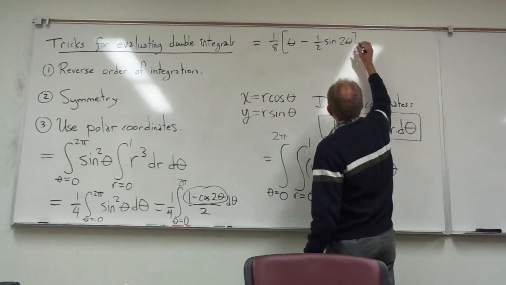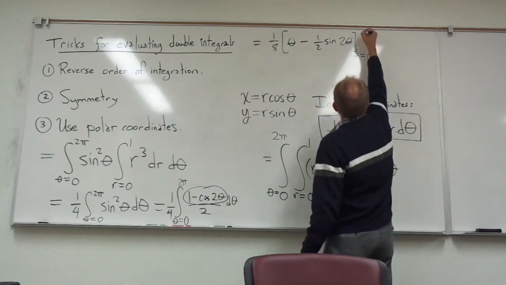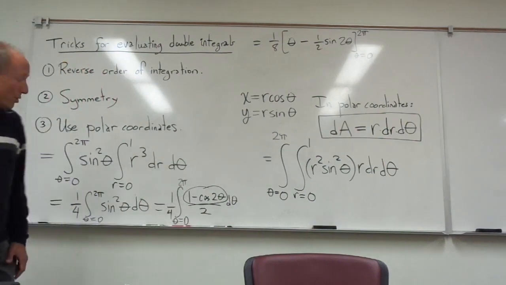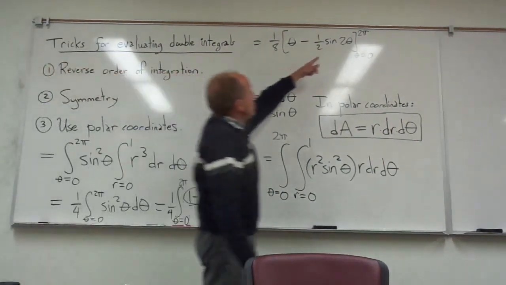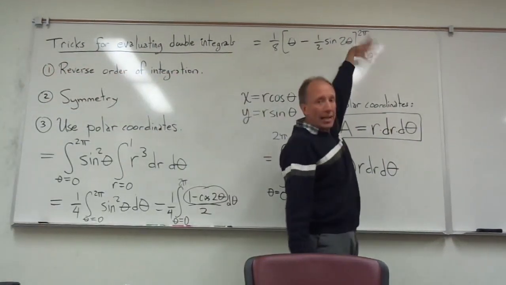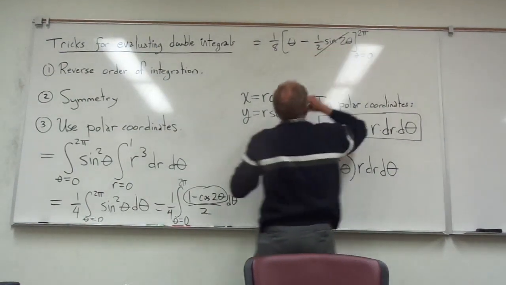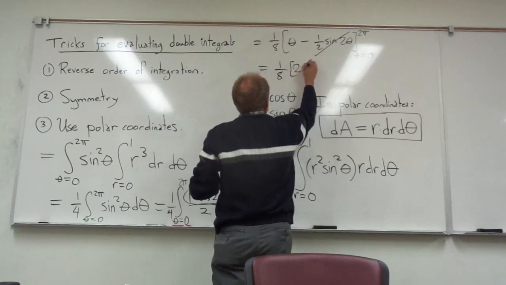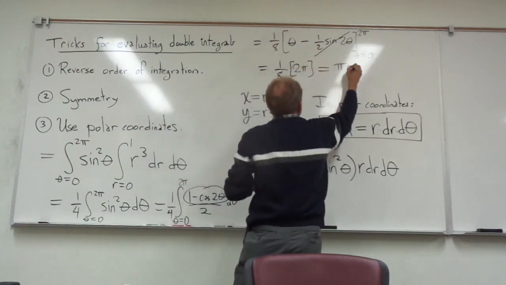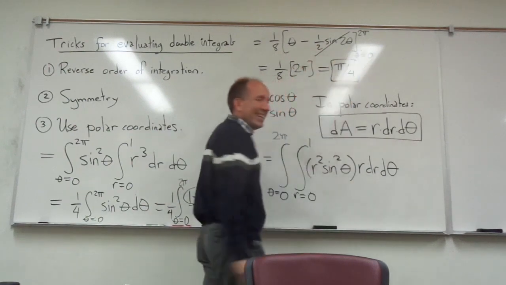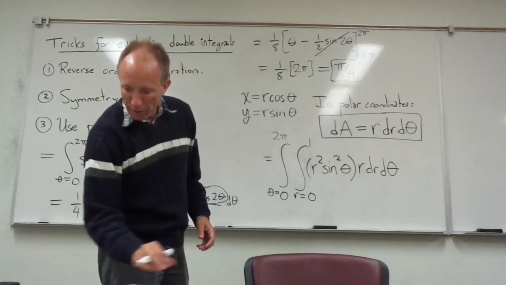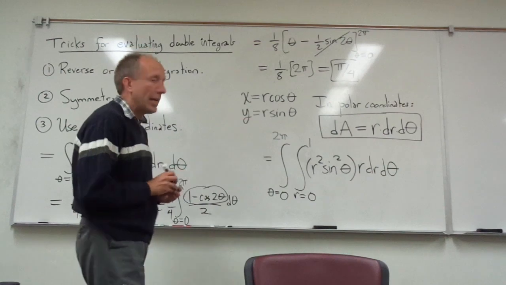I did a little u substitution there, nothing too crazy. And then I have to evaluate theta from 0 to 2 pi. The sine of any multiple of pi is just 0, so this part goes away. I'm just going to get 1/8 of 2 pi. In other words, my answer is just pi over 4. So that is the answer.